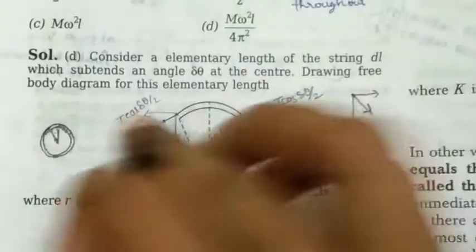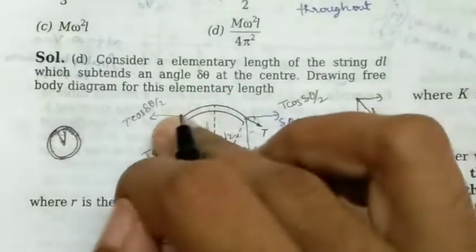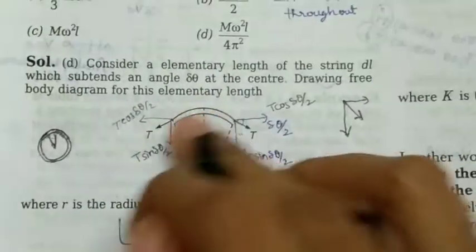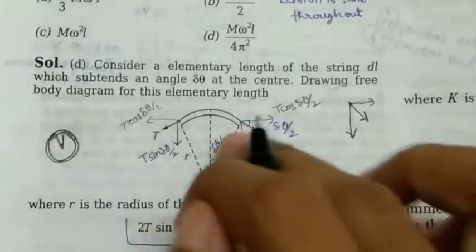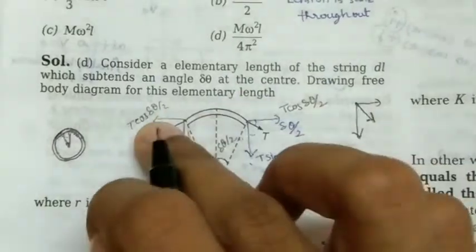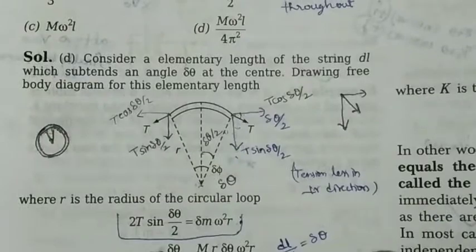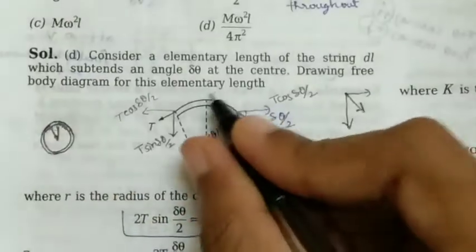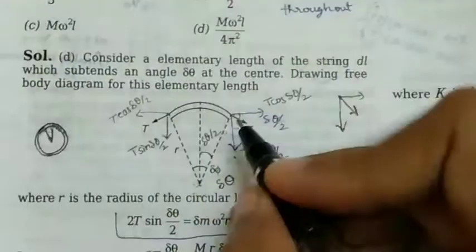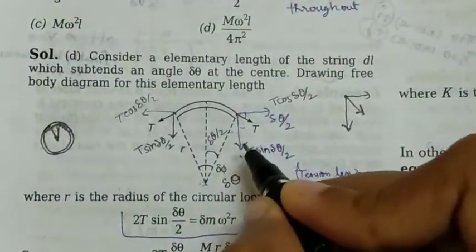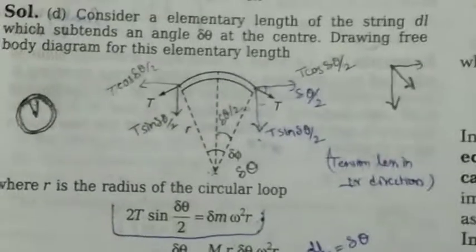Hence both would get cancelled for this particular length of the string, dl length of the string. These two forces, T cos delta theta by 2 and T cos delta theta by 2, would get cancelled because they are acting in opposite directions. So only T sin delta theta by 2 and T sin delta theta by 2 would be remaining on this dl length of the string.